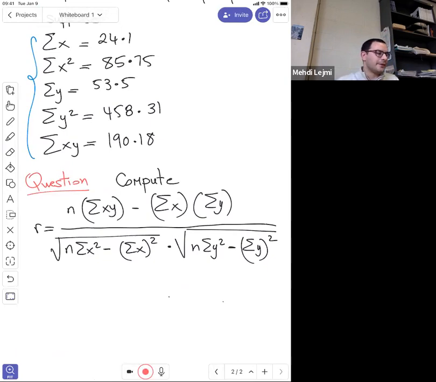So the first step is that you need to know how to plug in the right numbers. And then the next step, of course, you need to be careful with the operations, the algebraic manipulations. I mean, from this rule.